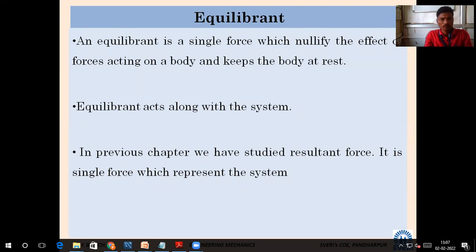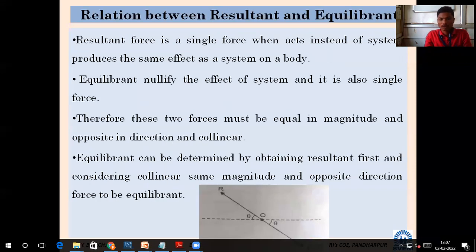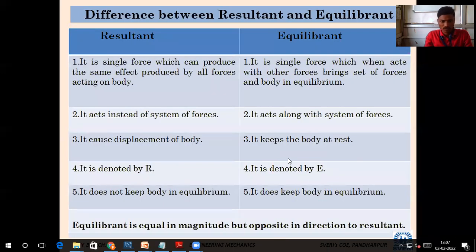Then we saw the relation between resultant and equilibrant. The resultant represents the force system, but the equilibrant keeps the body at rest. A single force that produces the same effect as all the forces is called the resultant. The equilibrant is a single force which, when acting with other forces, brings the set of forces and the body into equilibrium.